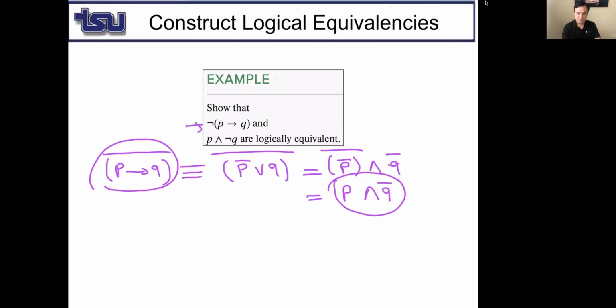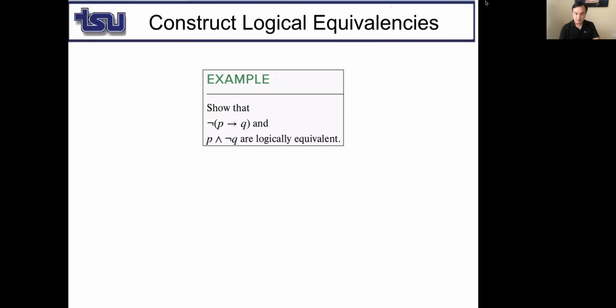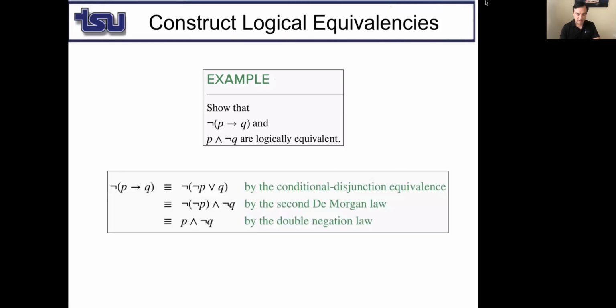So this one is equivalent to this one. Okay, again, let's use the book's notation here. The inverse of this, again, P implies Q is replaced with P naught or Q. And then the inverse of inverse, and then inverse of Q, that's De Morgan's law, and then or becomes and. Then this is it.